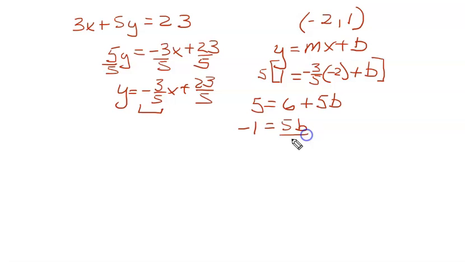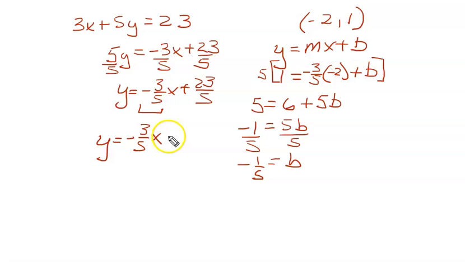I'm going to divide both sides by 5. And my new b value now is -1/5. So what will the equation be? Well, y equals -3/5 x, and we now have our new b value, -1/5. Okay, let's check it out and see how we did.